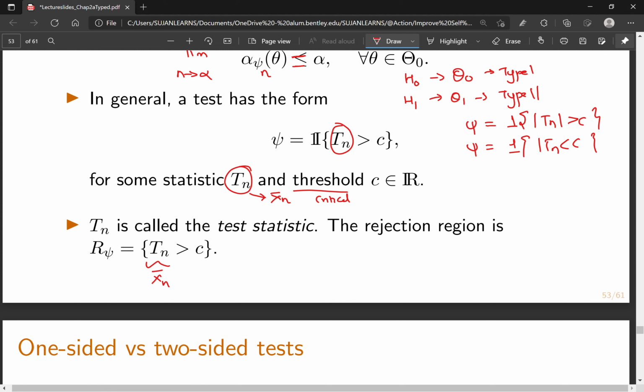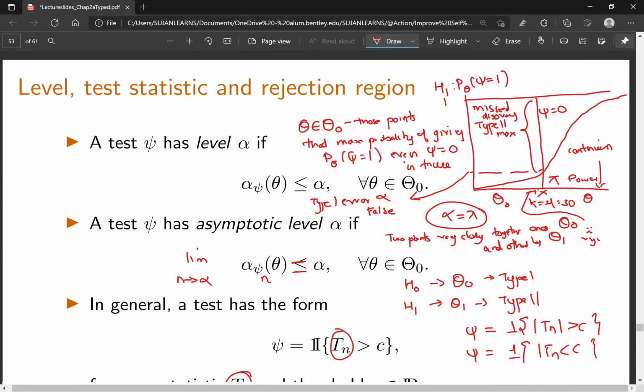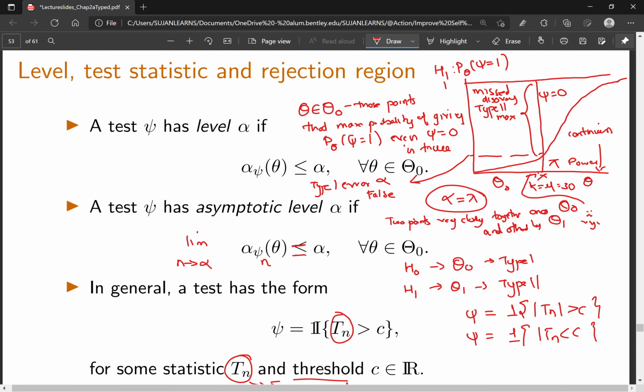Let me quickly summarize what we discussed today. We discussed level alpha, and that level alpha equals alpha asymptotically, when n goes to infinity.